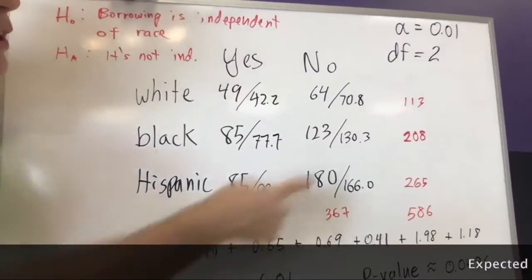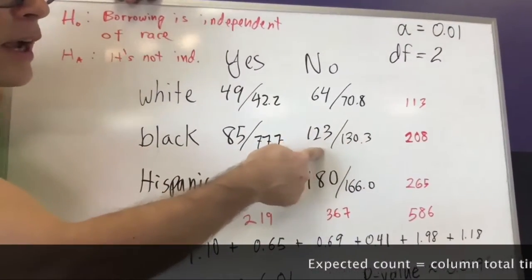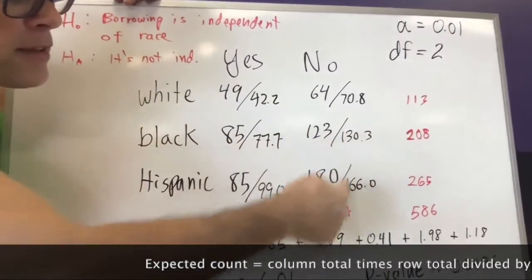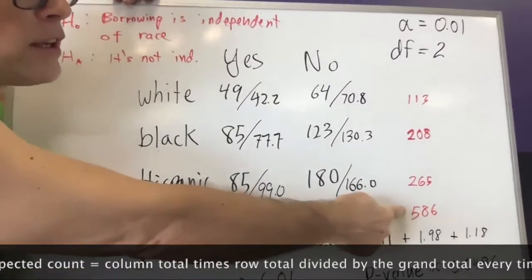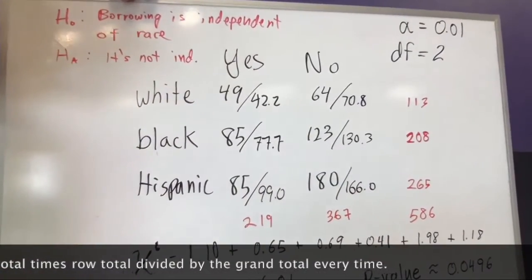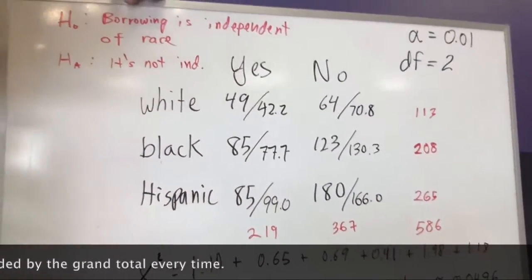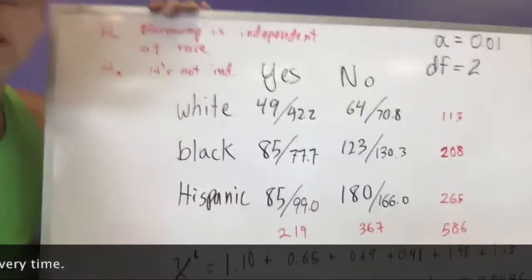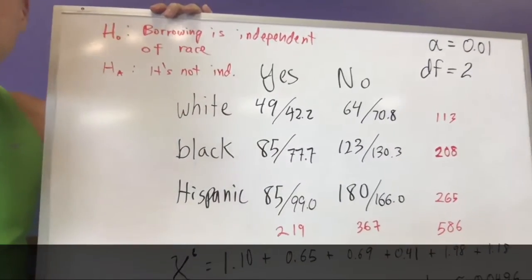All right, if I want to find this one over here, I take 208 times 367 and divide it by 586. Right, so you're always taking the column total times the row total and dividing it by the total, and that will give you your expected count.